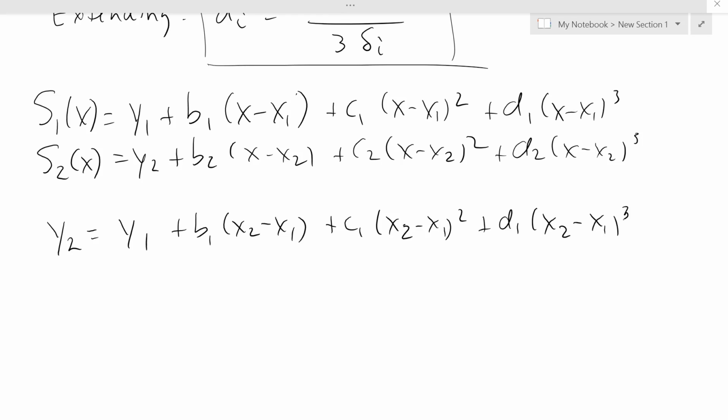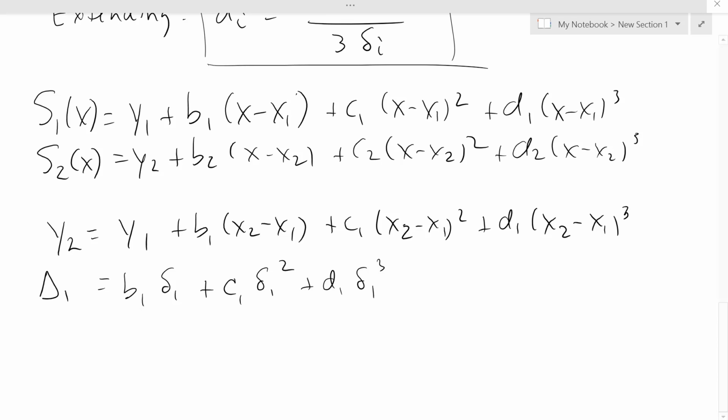Notice that the x2 minus the x1 is that delta 1, so I'm just going to put that in there as b1 delta 1, c1 delta 1 squared, d1 delta 1 cubed. I would subtract the y1, and I'd have a y2 minus y1. That was like a change in y. Much like we had a change in x, I used a little delta. I'm going to use a capital delta for that one. So this will be delta 1.